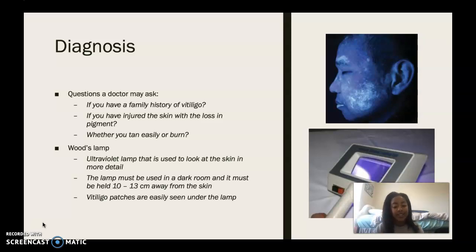It's an ultraviolet lamp used to look at the skin in more detail. The lamp is usually used in a darker room and held 10 to 13 centimeters away from the skin. You can see in the top right picture that the spots of vitiligo show up way more under the lamp. Through this, doctors are able to differentiate between vitiligo and other skin conditions.